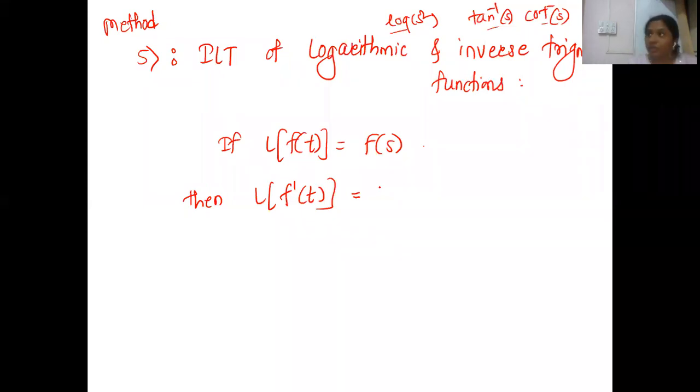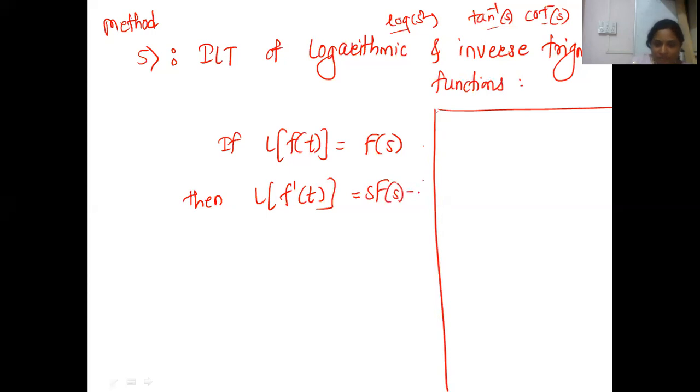But if you are taking derivative on the left hand side, what do you do on the other side? You don't remember? No, that is correct. What is that? Do you remember? s into f of s minus f of 0.